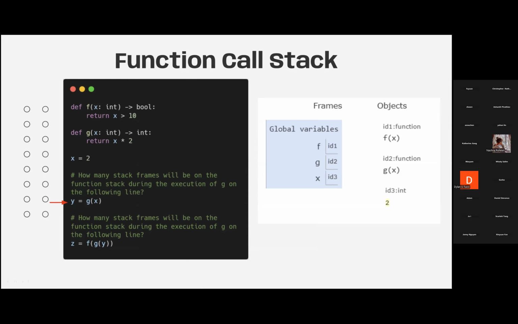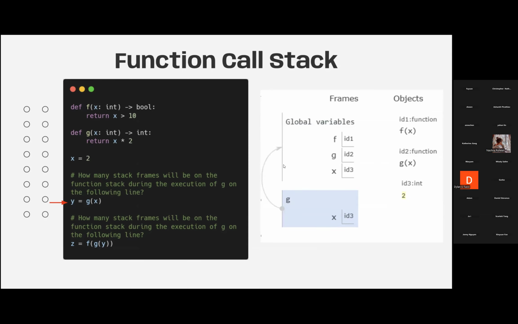No, it's not going to be 1, and I'll show you guys in a moment. But the correct answer is 2. So now let's see why. Remember that we have initially our stack frame containing our global variables, but when we execute g, we want to create a new stack frame for this function call, right?